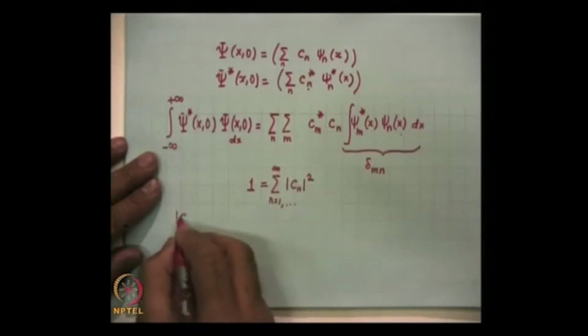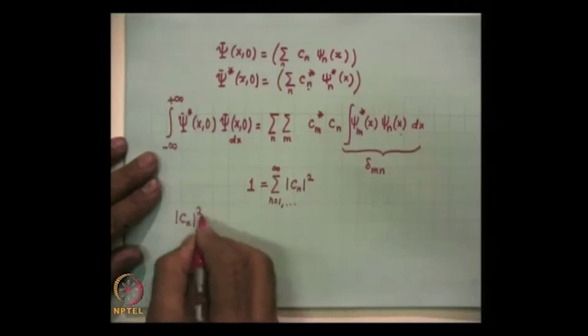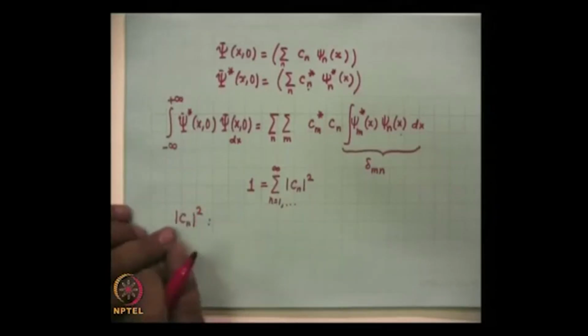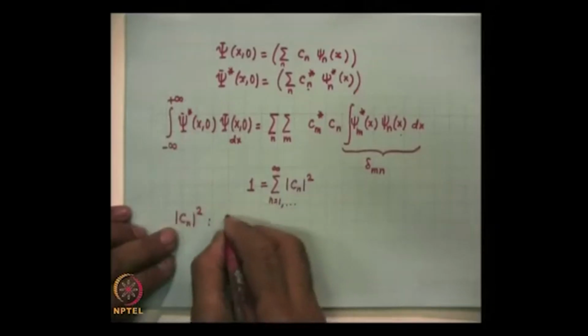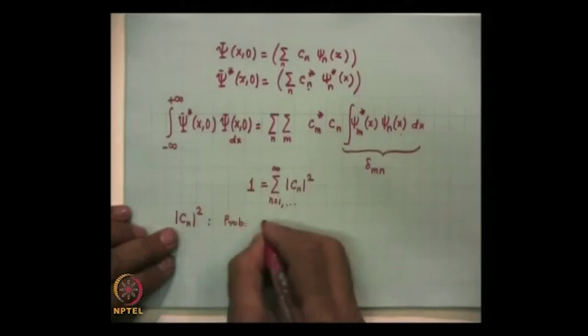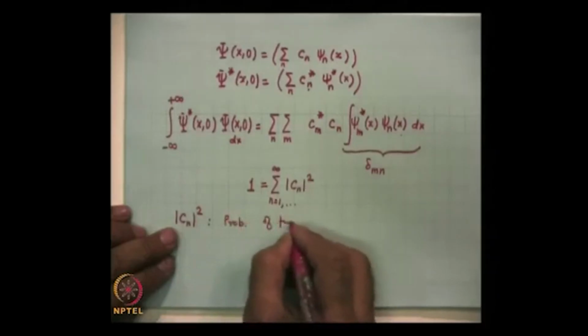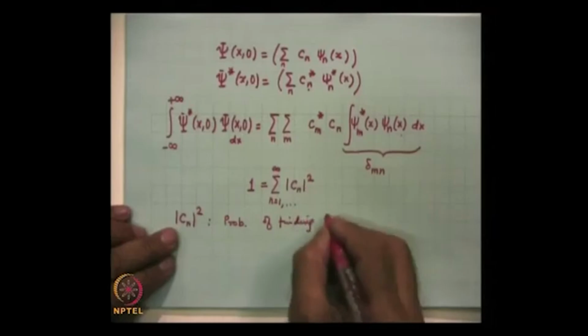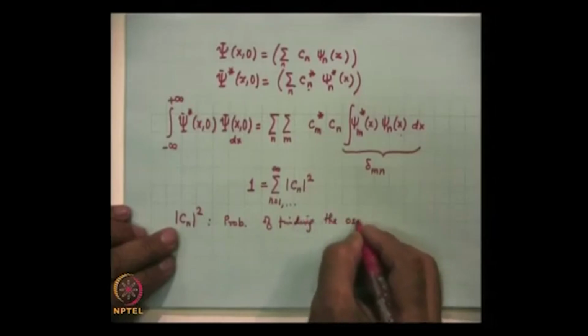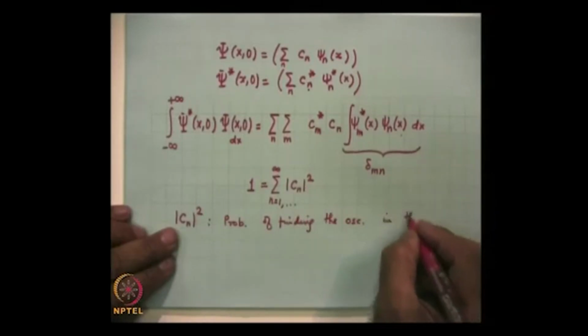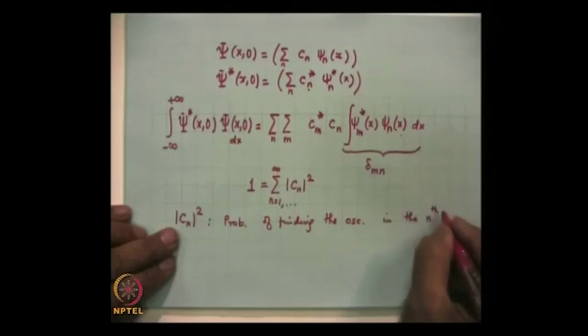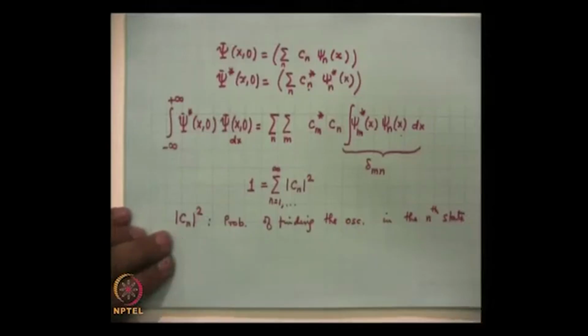We can interpret mod C n squared as the probability of finding the oscillator in the nth state. So C n squared will be the probability of finding the oscillator in the nth state. And this does not change with time.